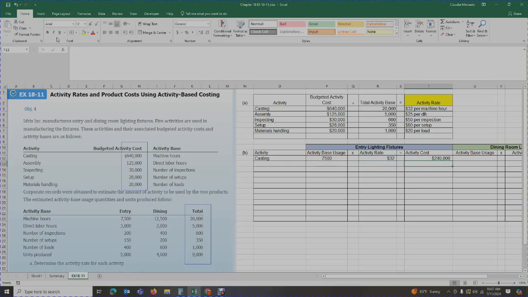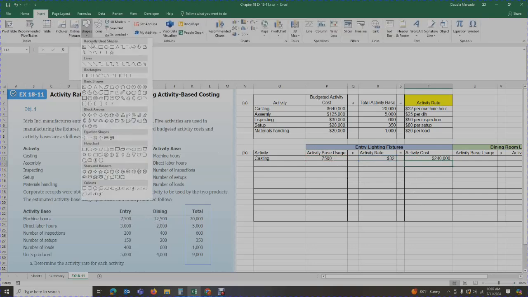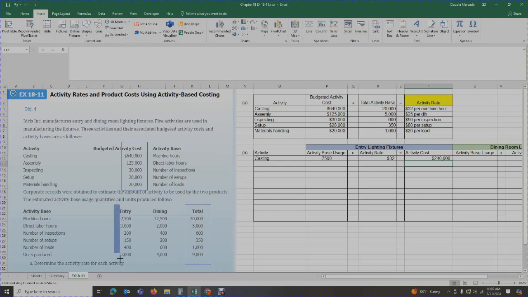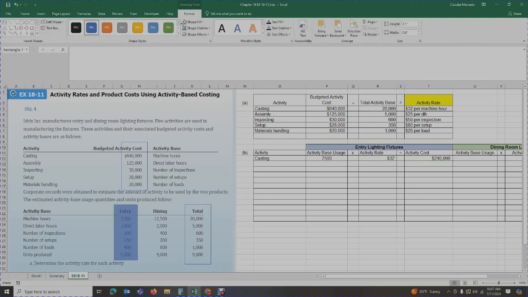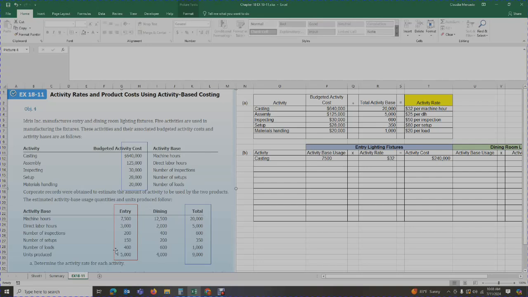For this particular part of the problem, we are dealing with the entryway, so we are looking at the numbers down here in the entryway information. So that's for casting. Now we're going to do assembly. Assembly uses direct labor hours.